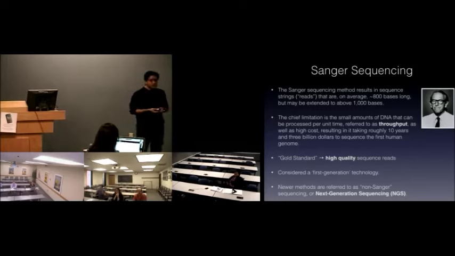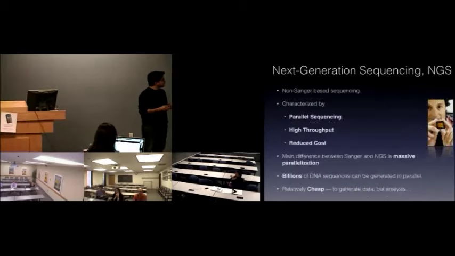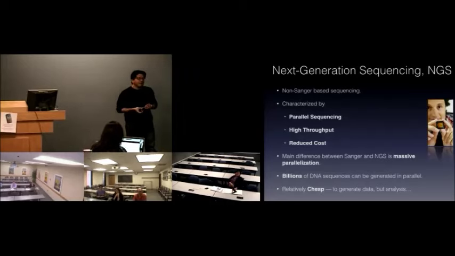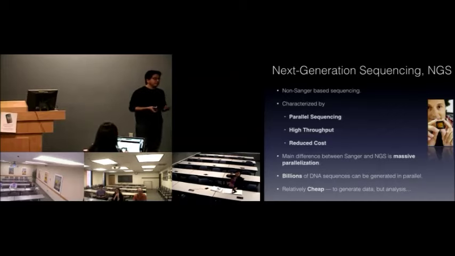Now you can reasonably sequence a human genome in about a week with about $10,000 worth of consumables. That doesn't take into account the analysis, it's just what you're going to burn at the laboratory. So now you have these so-called next-generation sequencing technologies, and what characterizes them is the amount of sequence that you get per unit time.